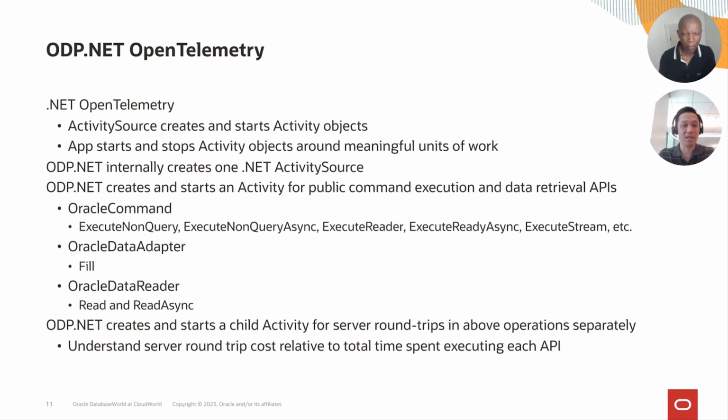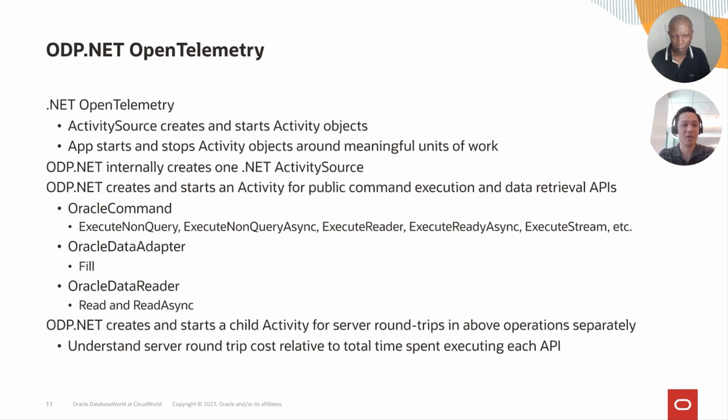So ODP.NET itself will internally open up a .NET activity source, and that will measure common operations in ODP.NET, things like your executions of SQL statements or your round trips or your filling of data to retrieve data. So all those are something that ODP.NET provides you in our NuGet package for OpenTelemetry.